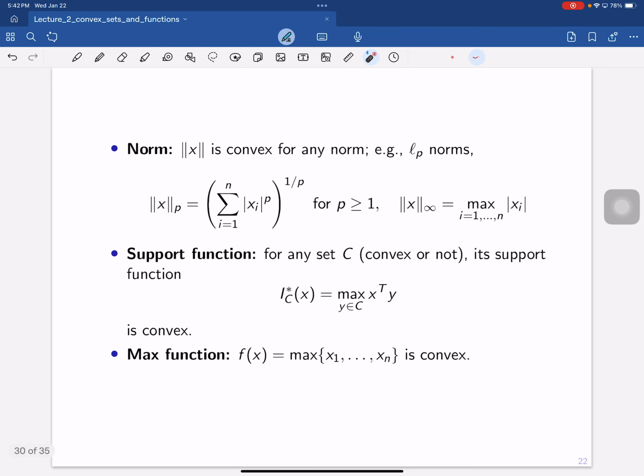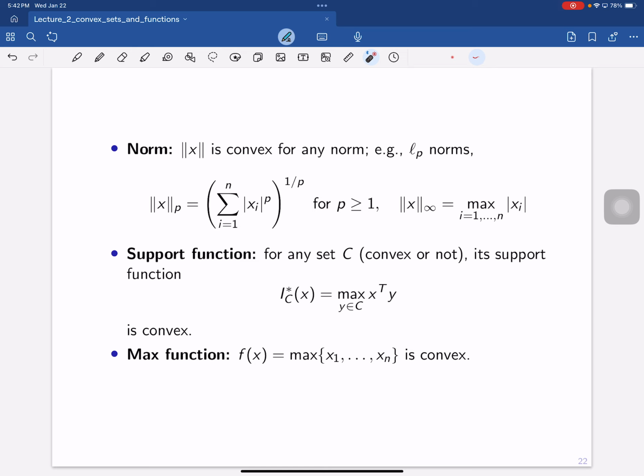Then the norm function, you can think about this as an analogy with why the norm ball is a convex set, right? And similarly, you can show the norm function is a convex function just by definition. So the support function, when I first read it, it is very non-intuitive, but you can think about the geometric interpretation of the support function.